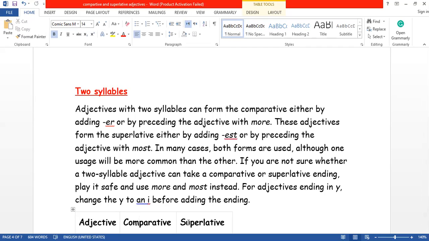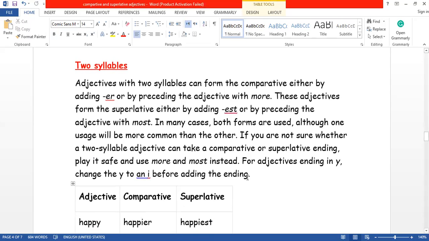Okay, so they are both correct. But what is the thing that is unique? Although one usage will be more common for people.